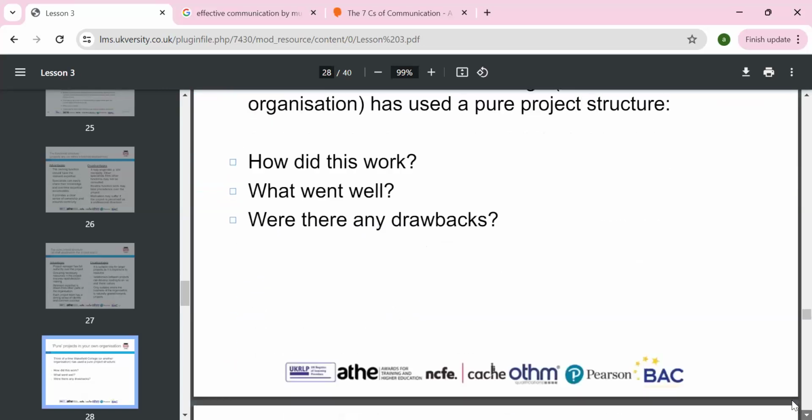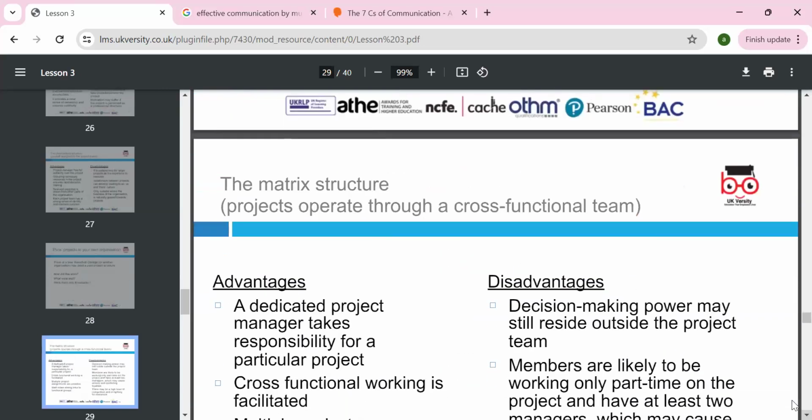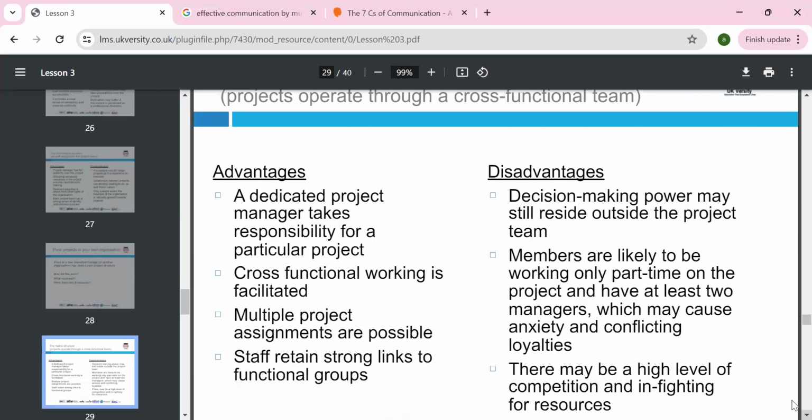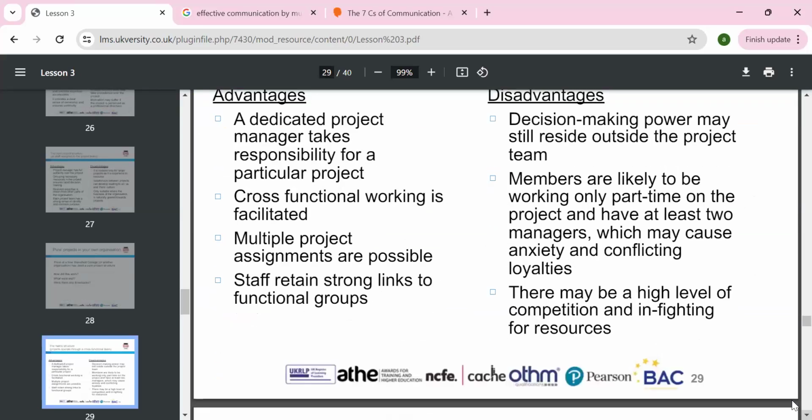What were the drawbacks? We can get feedback.